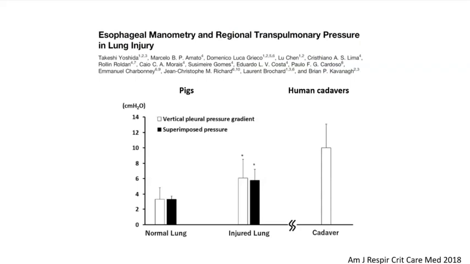And first, of course, we check that there is a pleural pressure gradient. So this indicates the gradient in injured lung, normal lung. And this is compared to what you can compute with the CT scan. And in human cadavers, well, we know the gradient is maybe 10, 12, sometimes 15 centimeters of water.